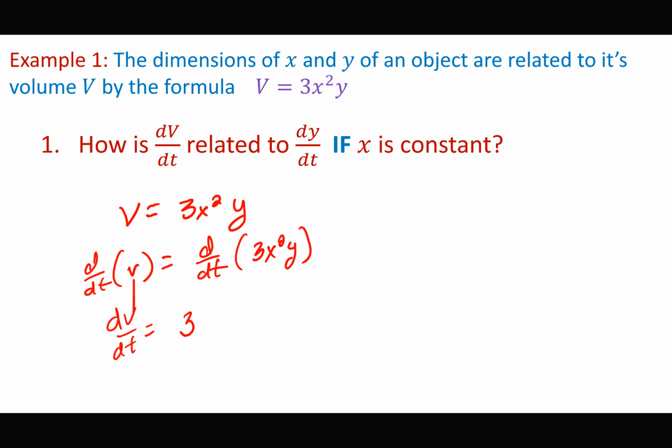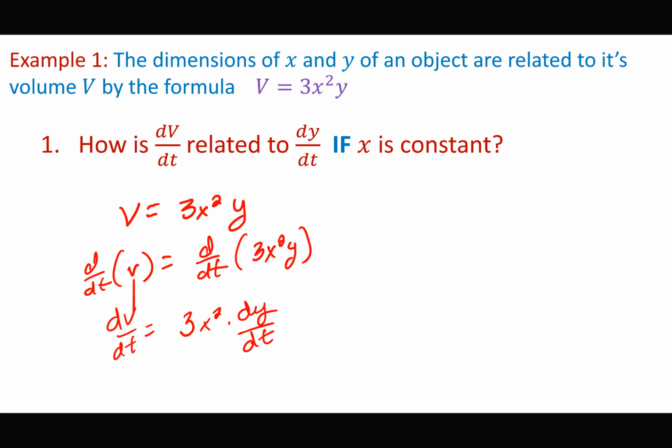I'm not going to take the derivative of that because of the constant multiple rule. But it says x is also a constant, so x squared I'm going to bring out. Think of x as a number, 5 or whatever it is, times the derivative of y with respect to t.